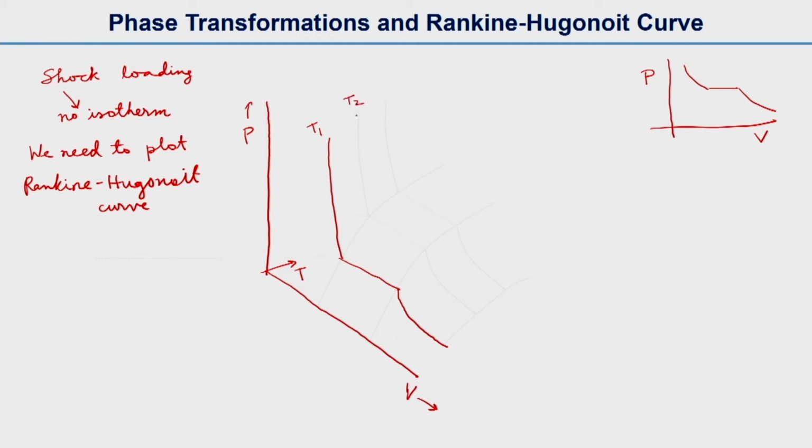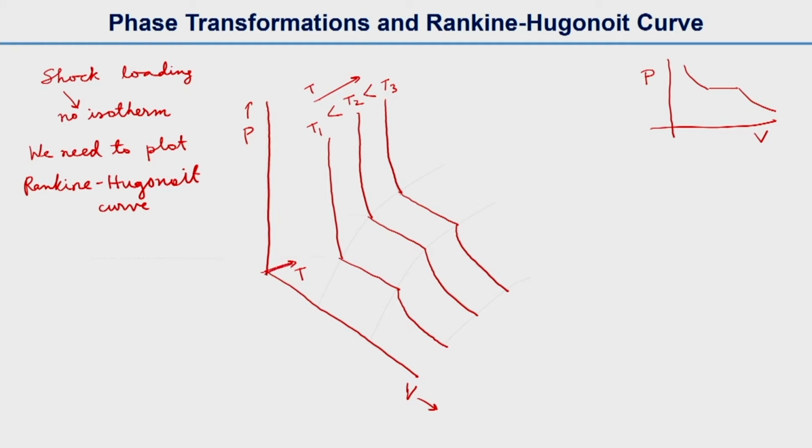Then at T2 we can draw another one, and similarly at T3. T3 is higher than T2, and T2 is higher than T1. So that means our temperature is increasing this way, and that is obvious.